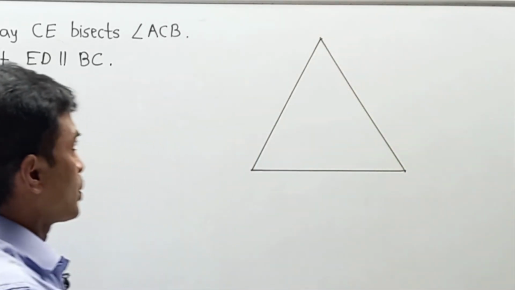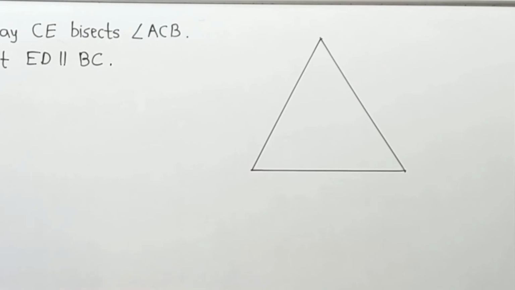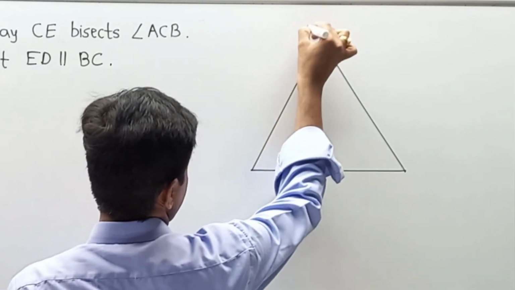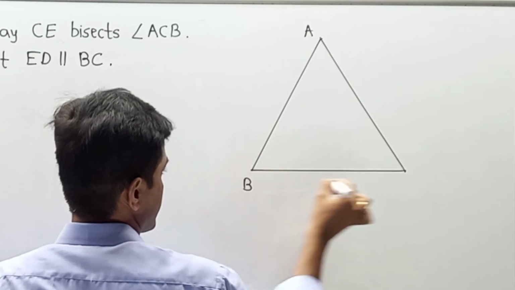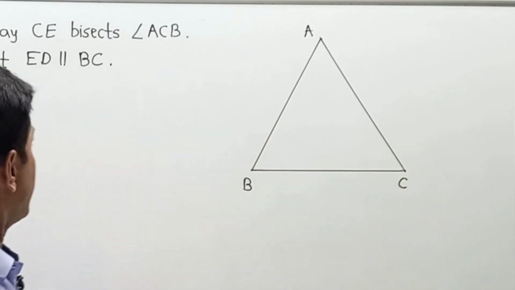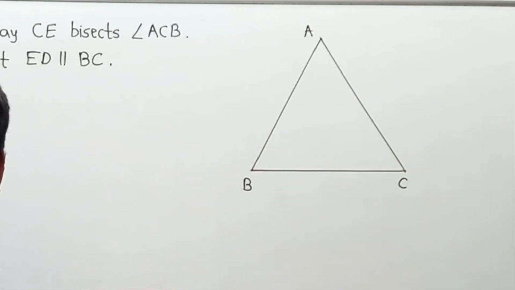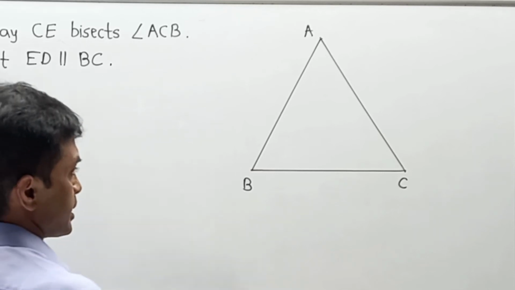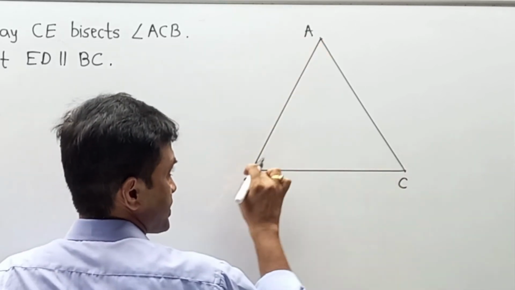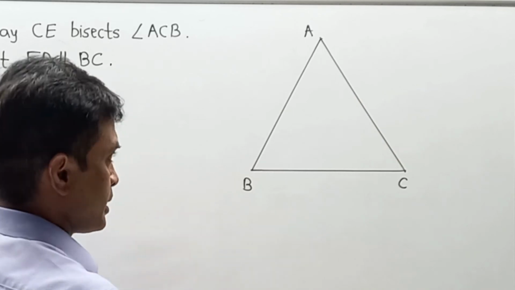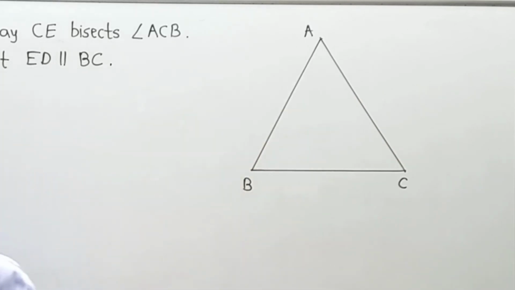So here I have drawn one triangle. Name of this triangle is triangle ABC, and here ray BD bisects angle ABC. Angle ABC is bisected by BD. Means I am going to draw the angle bisector over here. Now student, please pay attention.